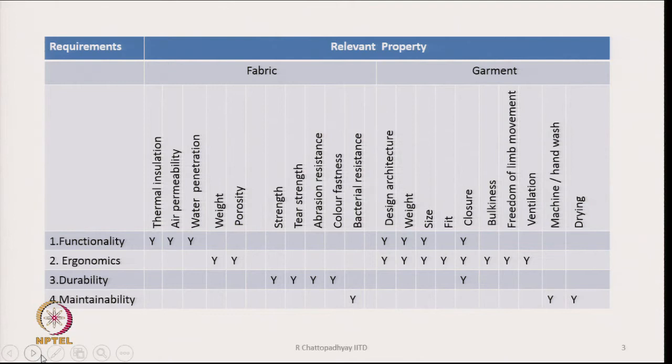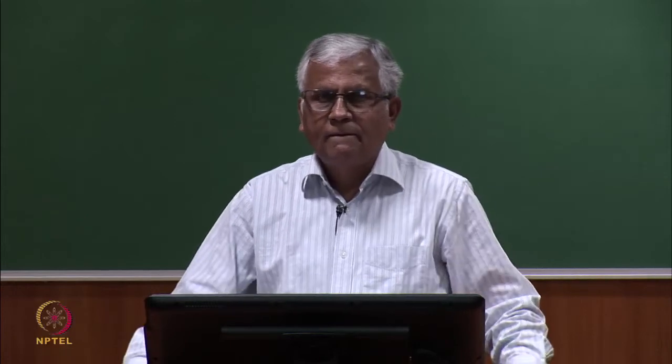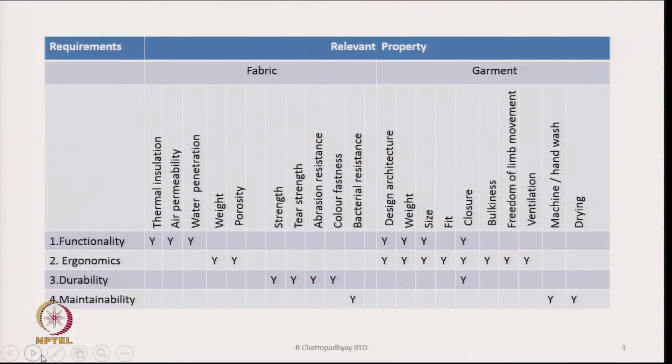Then what is related to the garment is the design architecture of the garment, the overall design concept that we have, which will also be important from the functionality point of view, followed by weight, size, then the closures, the closing system that we need to design. These are the important aspects from the functionality point of view.